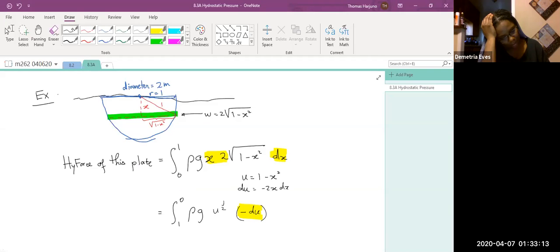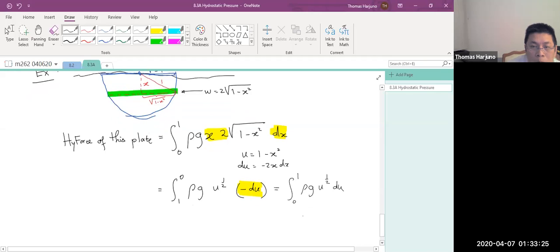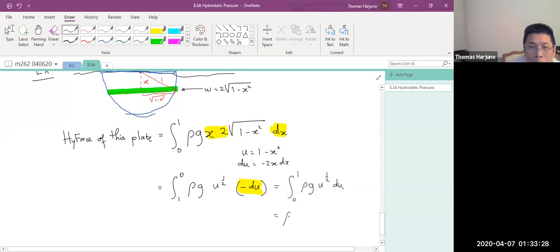Okay, and then reversing the order of integration to absorb the negative, 0 to 1, rho g u to the power of 1 half du. That's rho g times 2 over 3 u to the power of 3 half from 0 to 1.